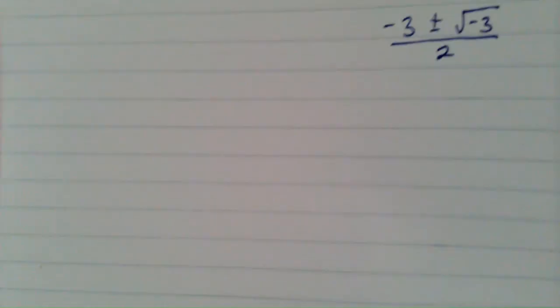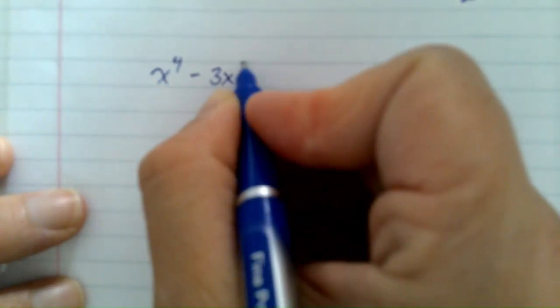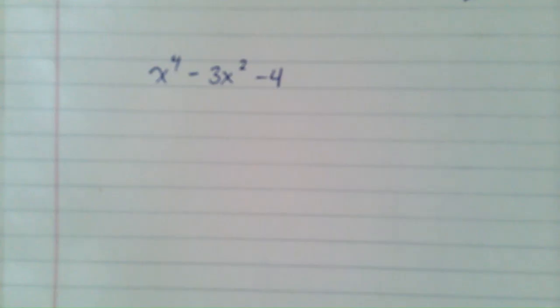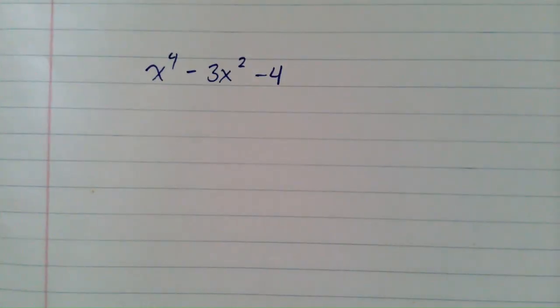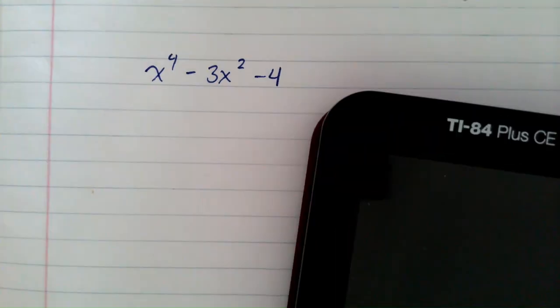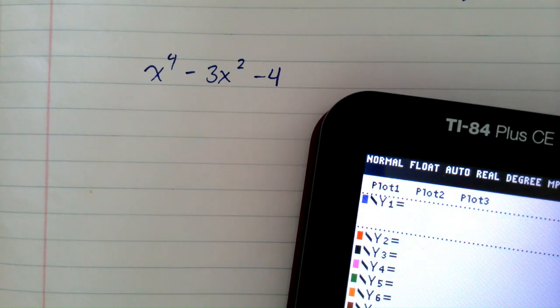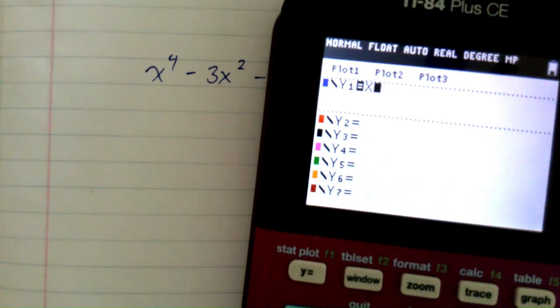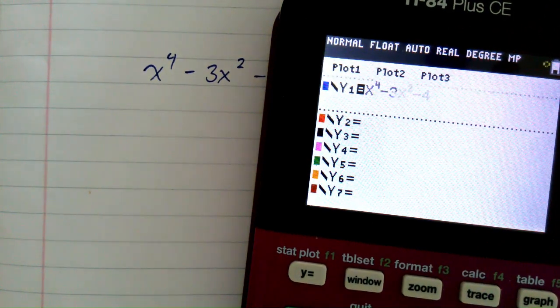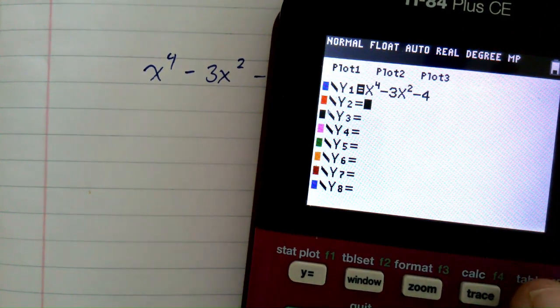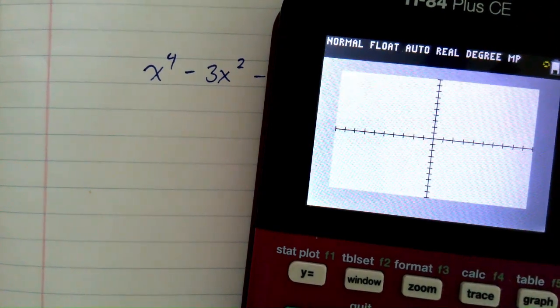Okay, let's try another one like that. Find all the solutions for x to the 4th minus 3x squared minus 4. Okay, well, we're going to go ahead and cheat for now. I will be showing in a future video how to do this without the graphing calculator, because it's very important to know in case you're on an ACT or something, or you don't have access to a graphing calculator.